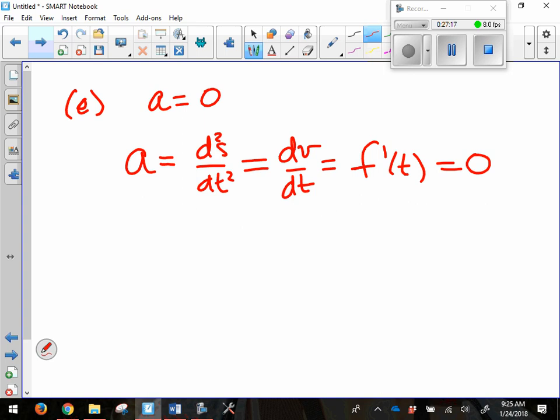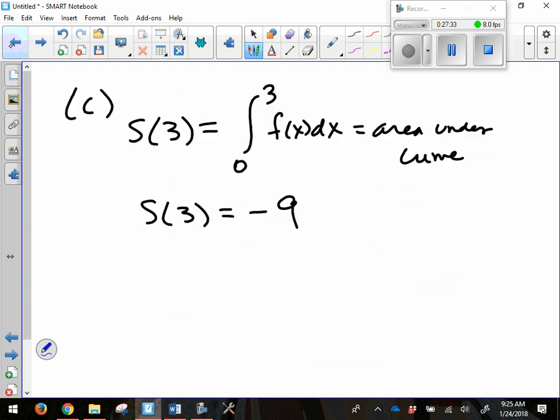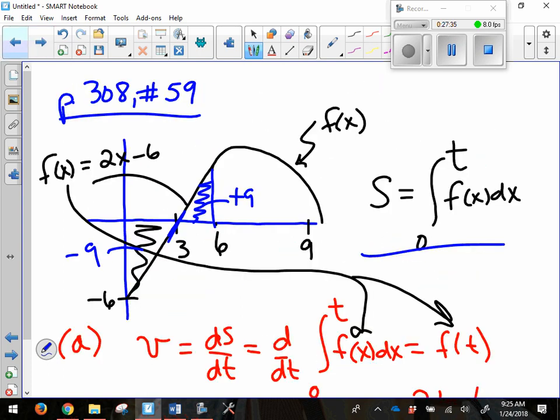F prime equals 0 means my slope is horizontal. So if you look at the graph, where do I have a max or a min? Okay, so somewhere around here at t equals 7 is my max.